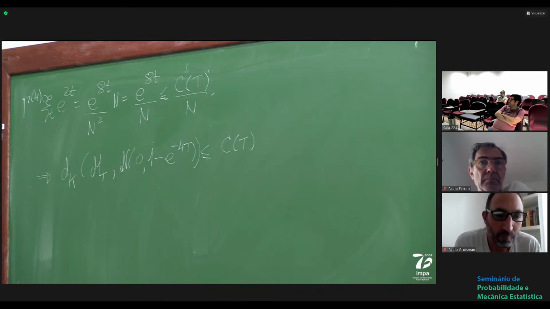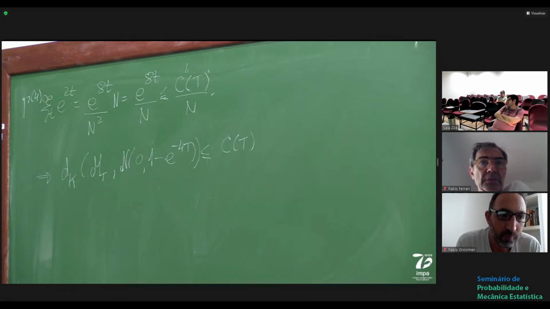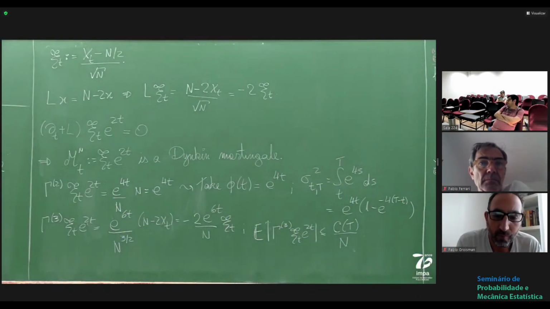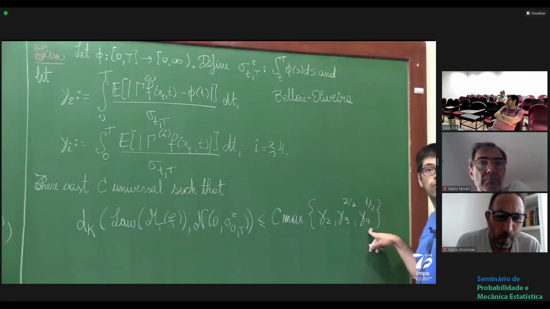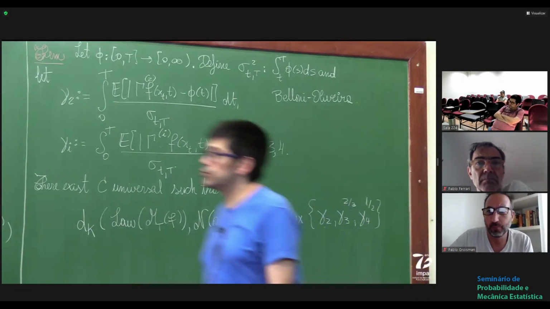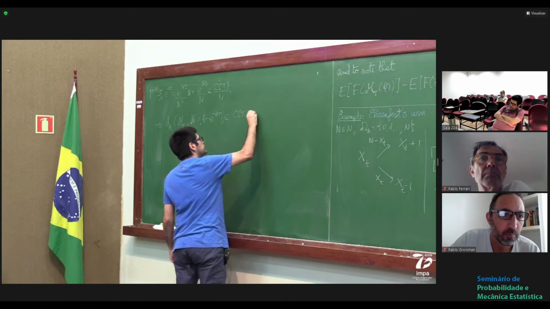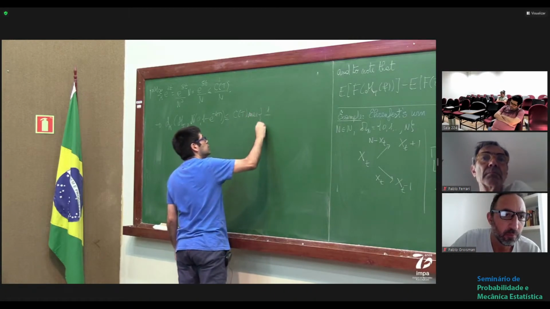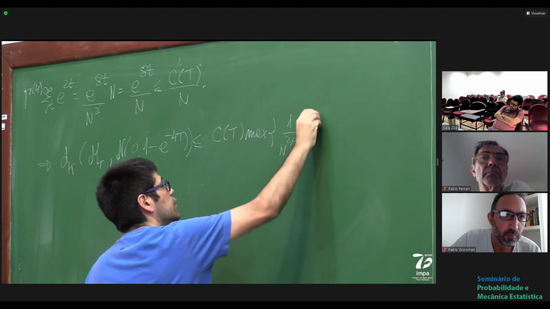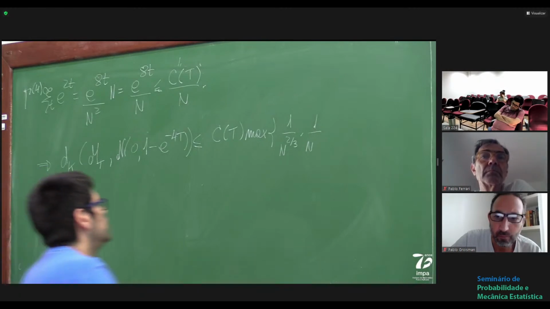So the N dependence then is what? Gamma 2 was 0. Gamma 3 was basically 1 over N. So you get here 1 over N to the 2 over 3. And here you get 1 over square root of N. So this is less or equal than a constant that depends on T times the maximum between 1 over N to the 2 over 3 and 1 over N to the 1/2.